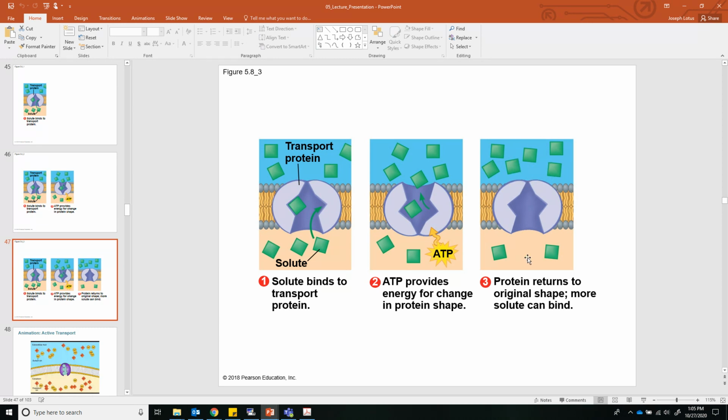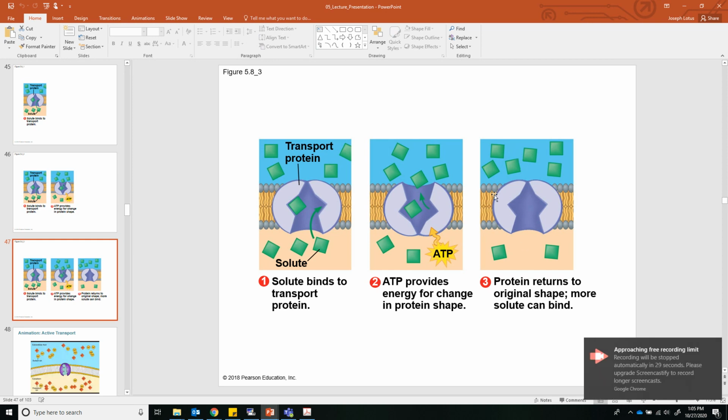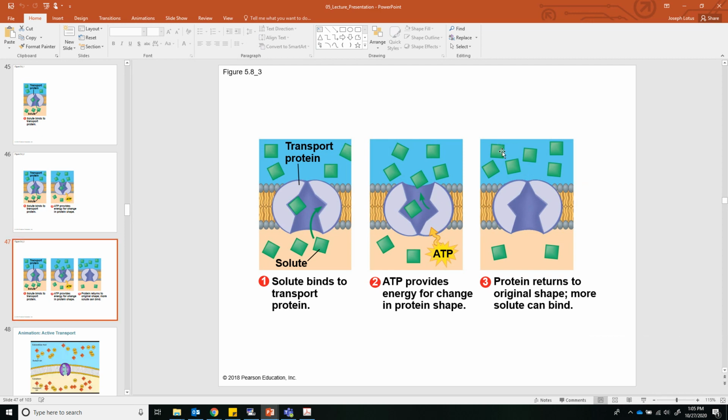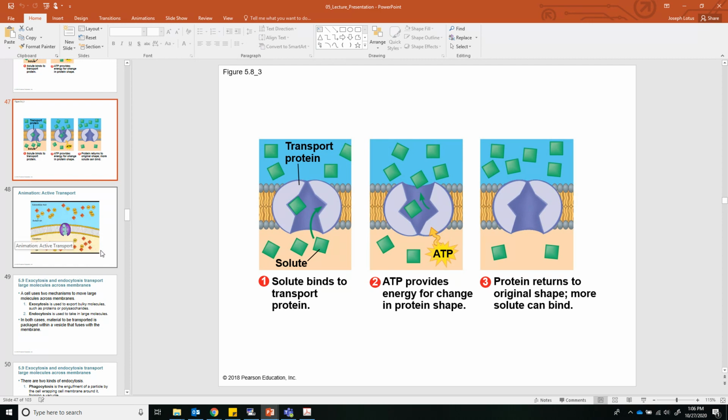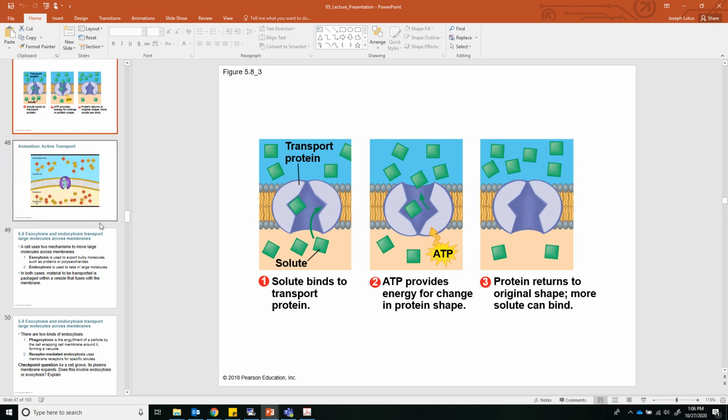They actually want to go into the cell, not out of the cell. But by using energy, we can force them to go out of the cell, where they don't want to go. We can push them up the hill. We can push them against their concentration gradient through the use of ATP. And we actually do this all the time in our bodies. Really, really common. It also happens a lot in photosynthesis.